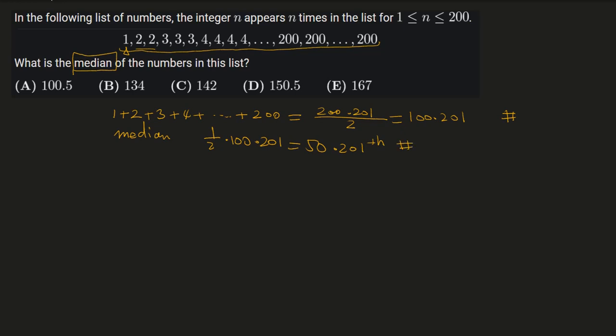However, this is an approximation. How is that? This is because we have an even number of quantities in the list, and the median should be the average of the centermost two quantities.